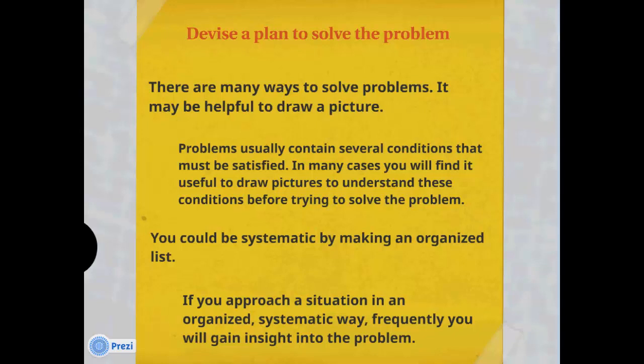Problems usually contain several conditions that must be satisfied, so in many cases you'll find it useful to draw some pictures to understand these conditions before you try to solve the problem. You could be systematic by making an organized list. Sometimes if you approach a situation in an organized, systematic way, frequently you'll gain insight into the problem. This is a really good piece of the plan to put in place.